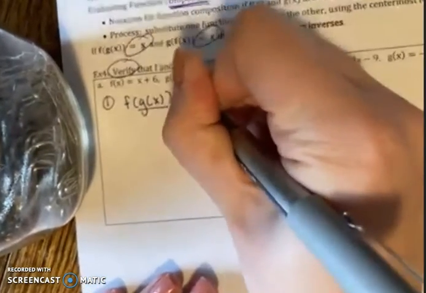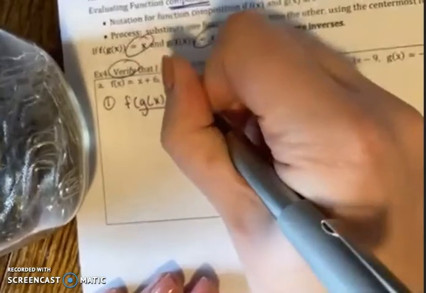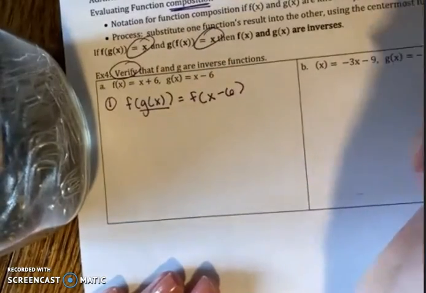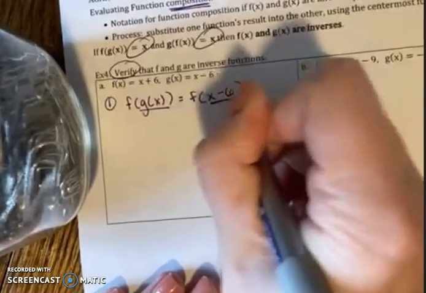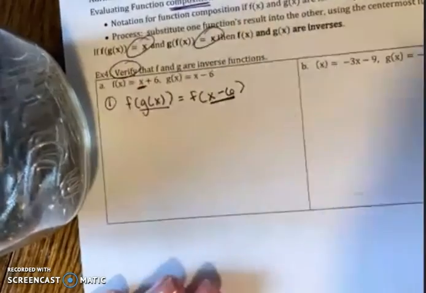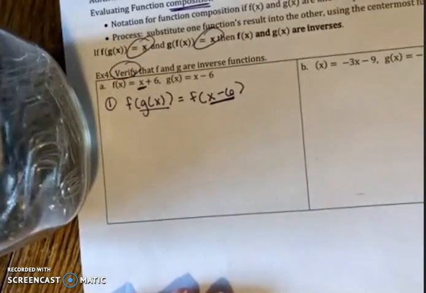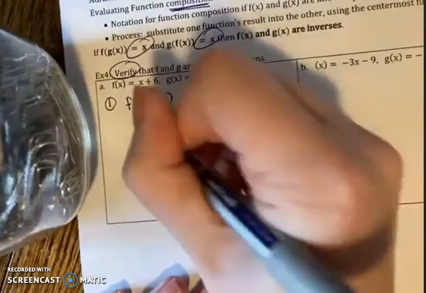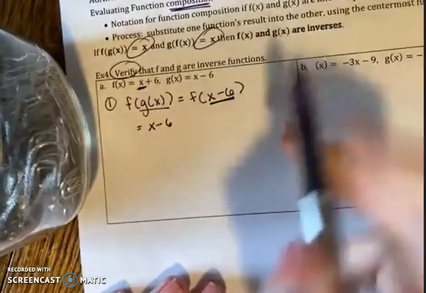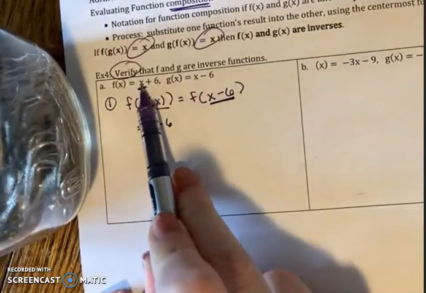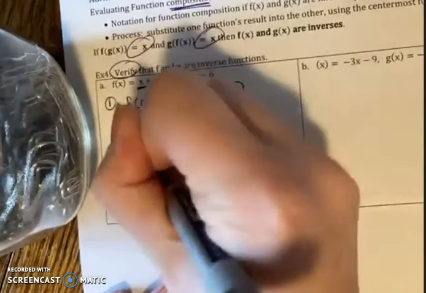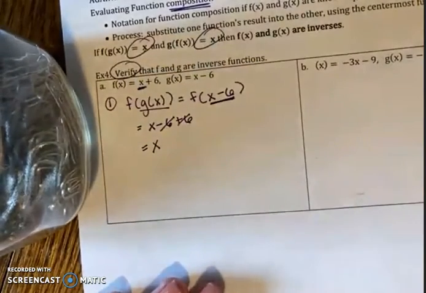So really it looks like this: f of g of x is equivalent to f of x minus 6, putting an x minus 6 wherever we initially saw the x. So that looks like x minus 6, because I substituted that in for x, plus 6. The 6s cancel, and I do in fact end up with x. Remember, that's what we wanted.